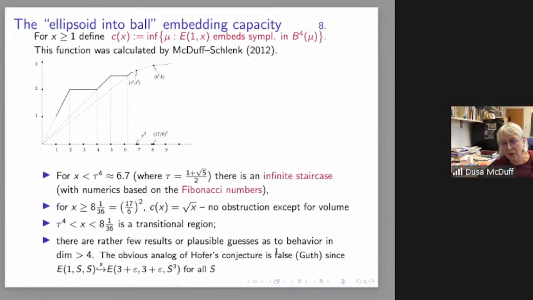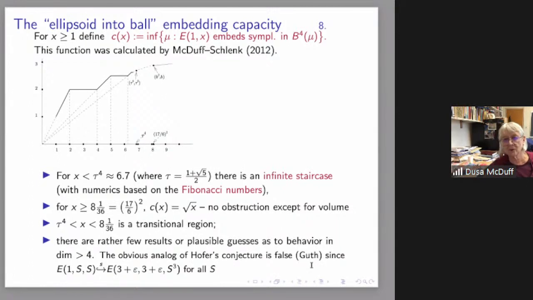So the obvious analog: you now have ellipsoids with three parameters a, b, c, so an ellipsoid E(a,b,c) and another one E(d,e,f), and you could look at the set of numbers and say the first set has to be less than the second set, as a necessary and sufficient condition for an embedding. But it's not even necessary, because you can geometrically construct embeddings.